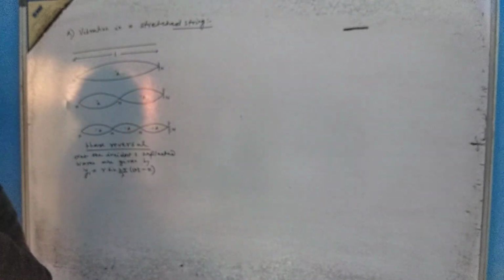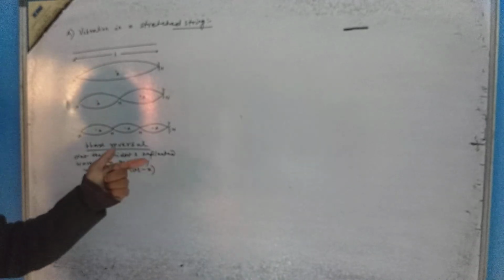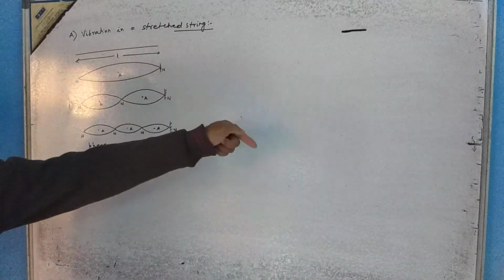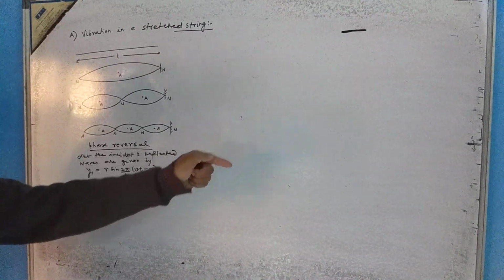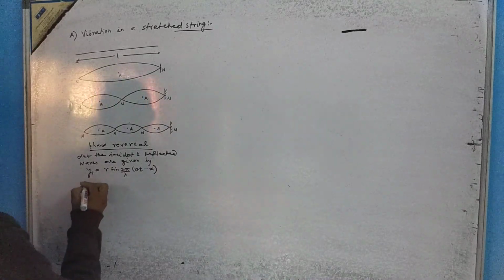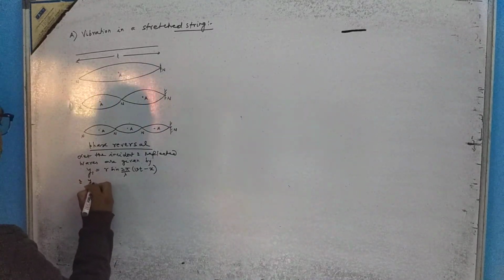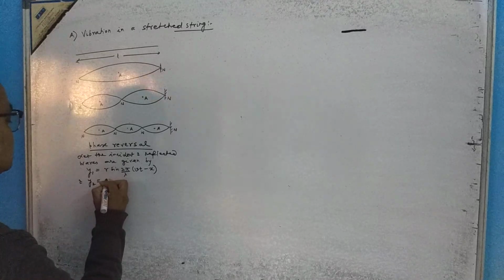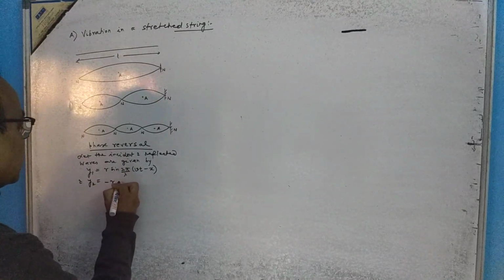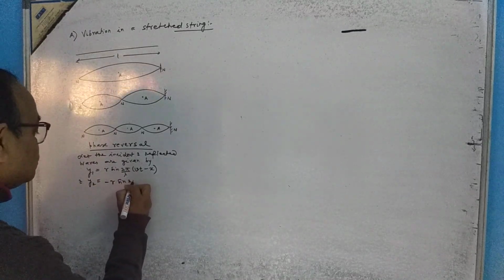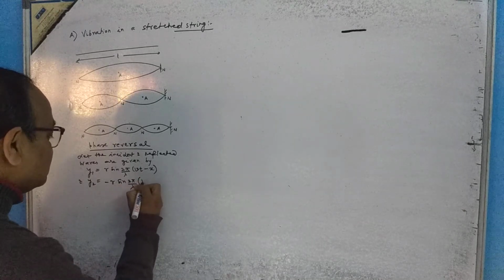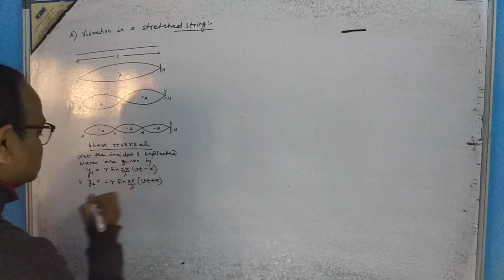I hope all of you are remembering vt minus x. It goes in the positive x direction. And the reflected one, y2, is equal to minus r sine twice pi by lambda (vt plus x).